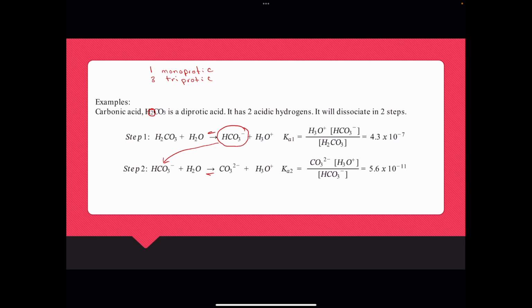The fact that the K for step 2 is much smaller indicates that out of these two steps, we're going to get more dissociation coming from step 1. So step 1 will always have our greater percent dissociation.